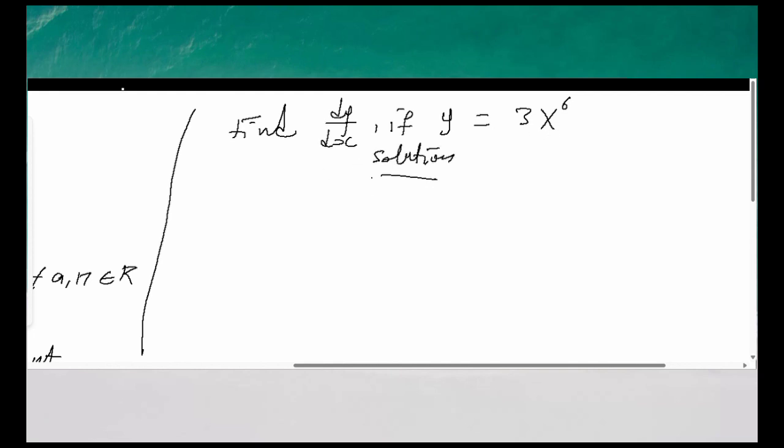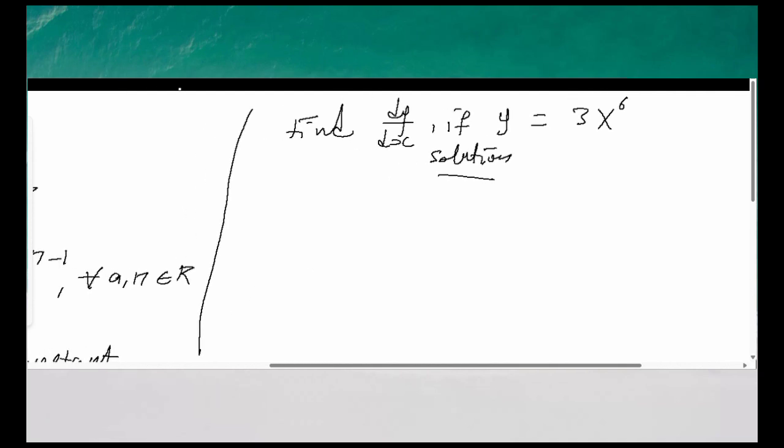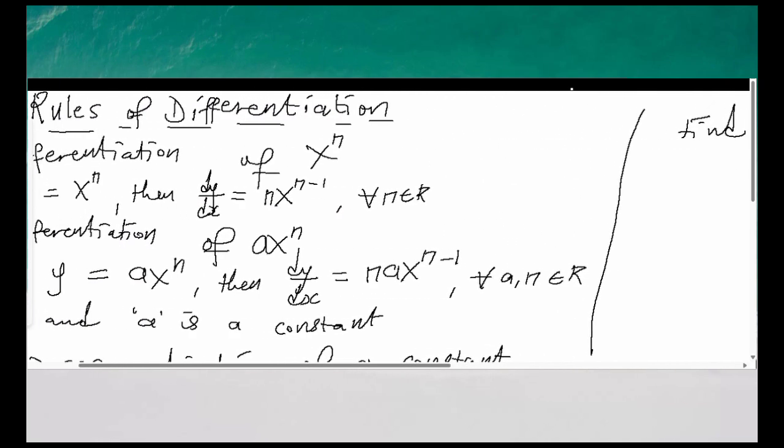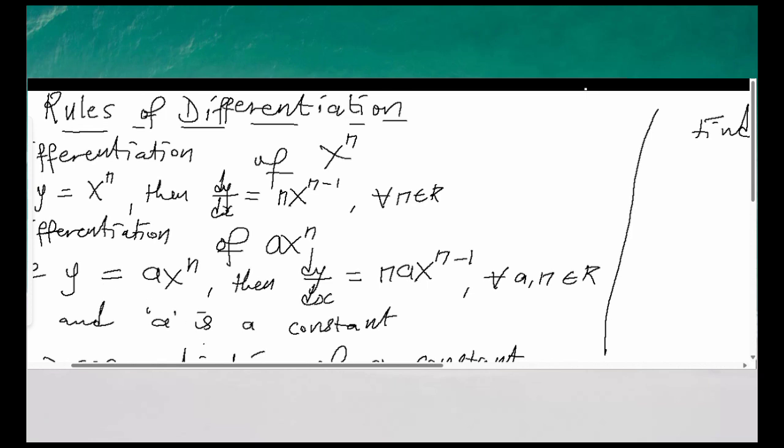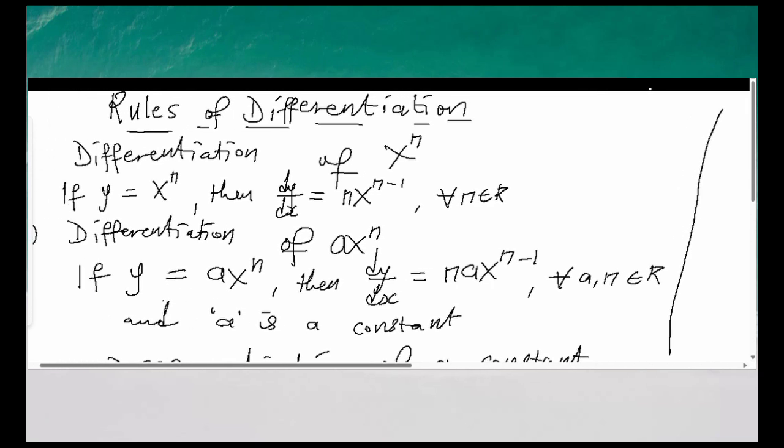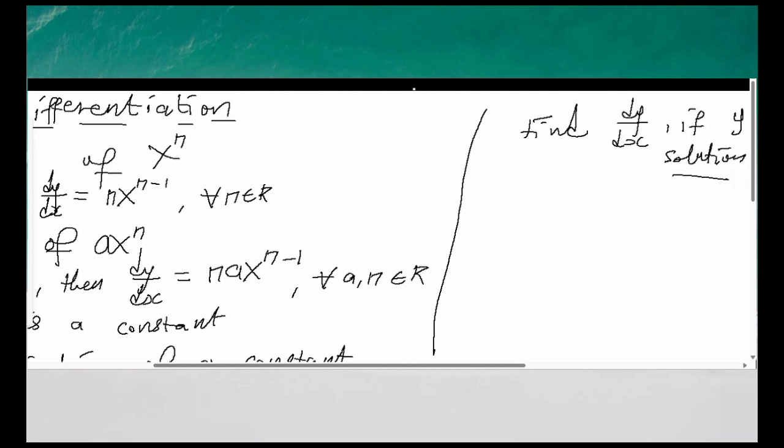The second rule says that if y is equal to ax raised to the power n, where a is a constant and a real number, then just multiply the exponent by the term, n by ax, and then we decrease the exponent by 1.